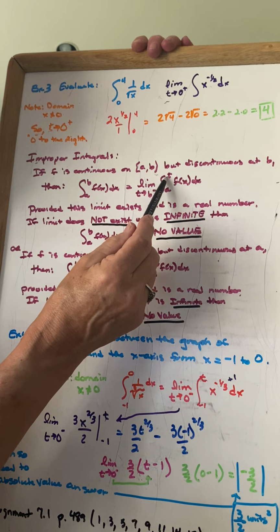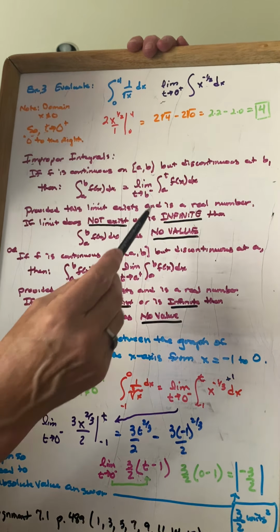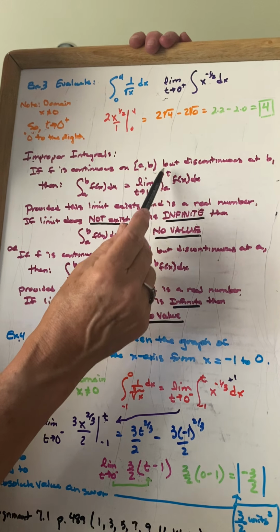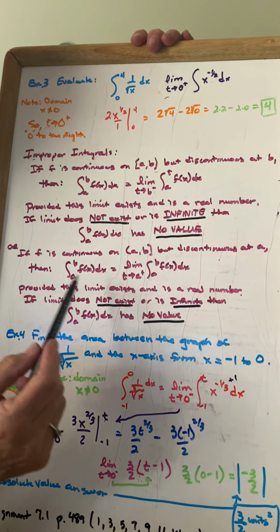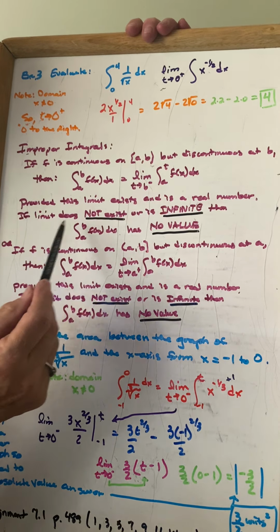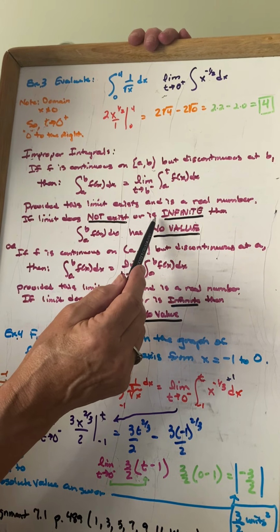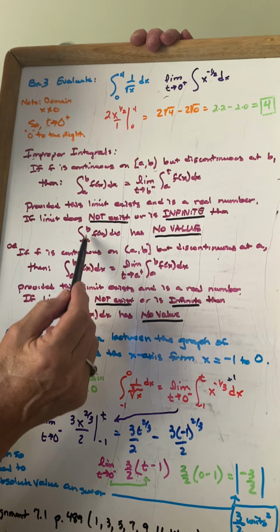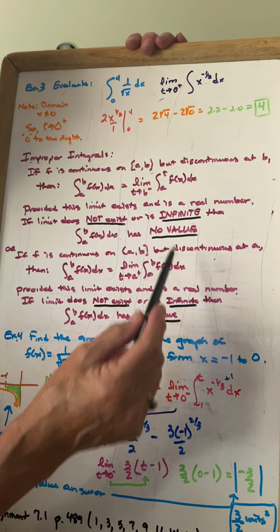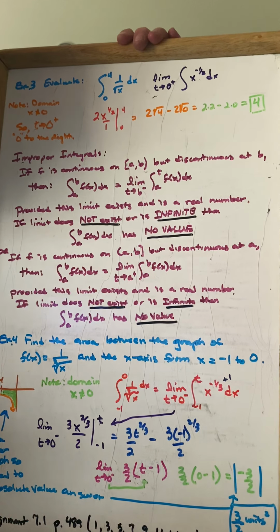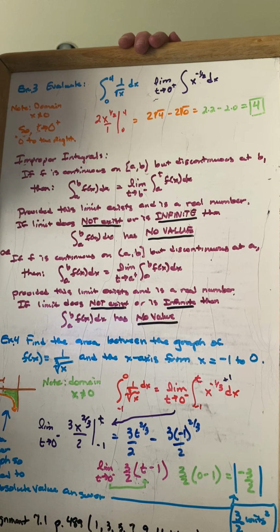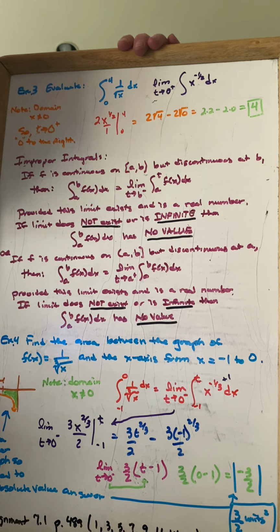So if it's on the top that you have the parentheses, it's from the left. A to t of f of x dx. Provided this limit exists and is a real number. If the limit does not exist and is infinite, then the integral of a to b of f of x dx has no value. So again, remember in the last problem when we got infinite, it is no value.